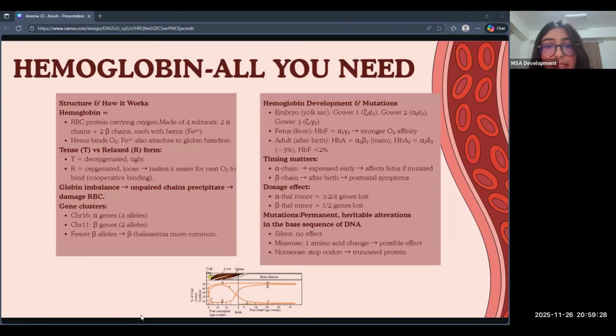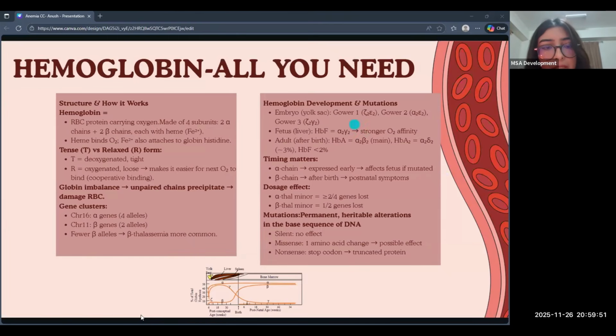Now, on chromosome 11, we have beta globin genes. So each person has 1 beta gene on each chromosome. So that would total 2. Fewer beta alleles cause beta thalassemia, which is more common. Okay, I want you to remember that. Why this matters for thalassemia is because thalassemia is caused by mutations that reduce or eliminate globin chain production.